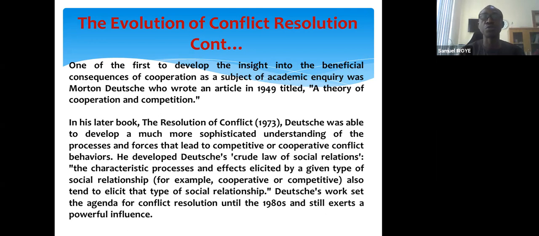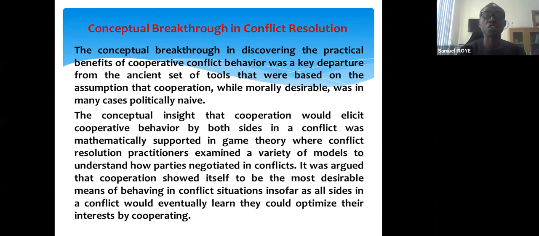According to Morton Deutsch, conflict resolution can be viewed in two ways: the theory of cooperation and the theory of competition. As far as he is concerned, these are the two ways to approach conflict resolution principles in life. To him, you either decide to cooperate or you decide to compete. And in the long run, he narrowed it down that it is better for people to set an agenda of cooperation rather than an agenda of competition.